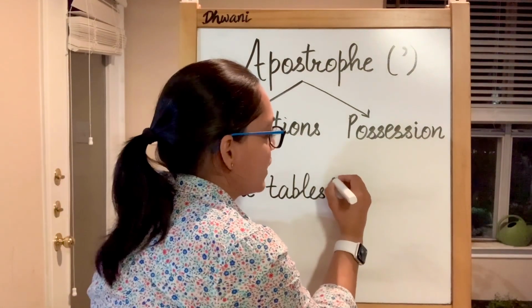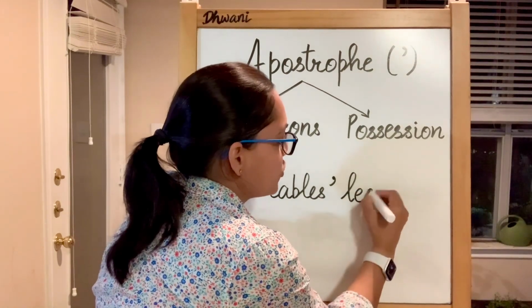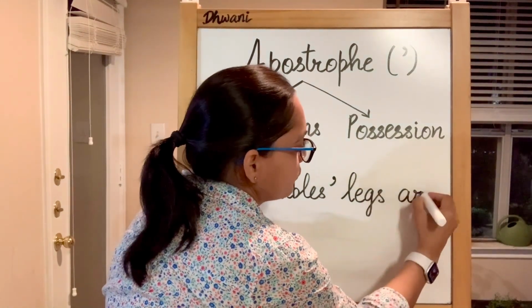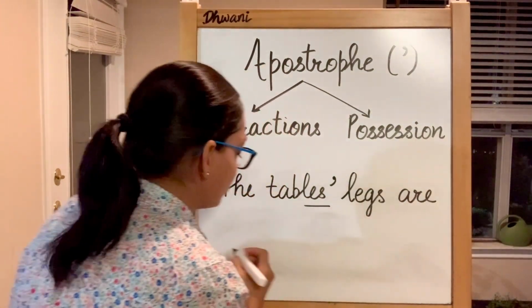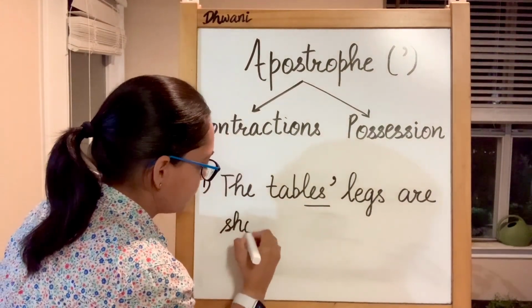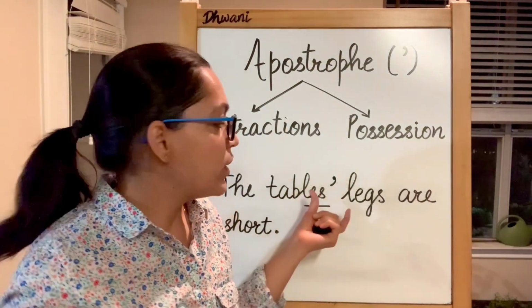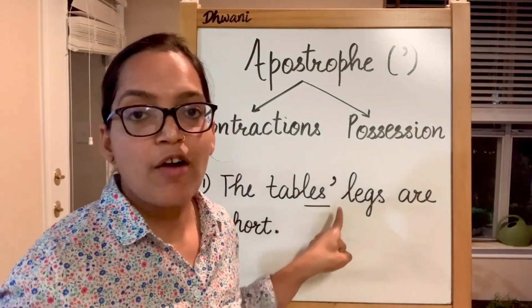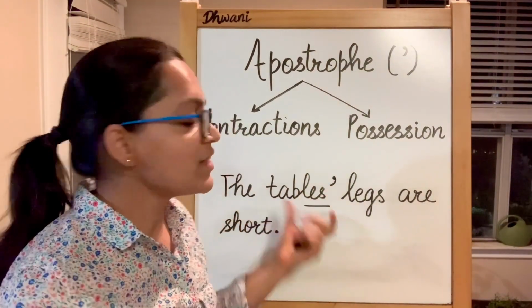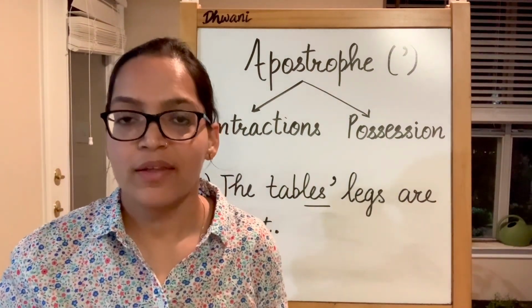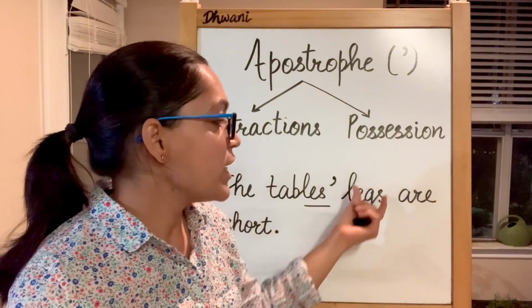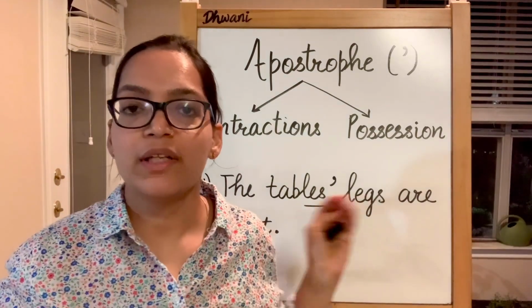So the tables' legs are short. Whenever you see a word like this with an apostrophe after it, that means this is your plural noun. That means we are talking about the legs which belong to all the tables.